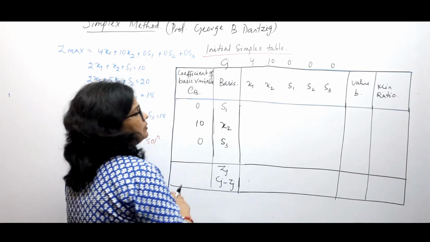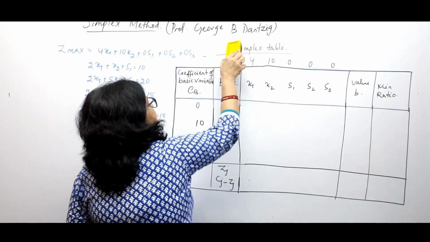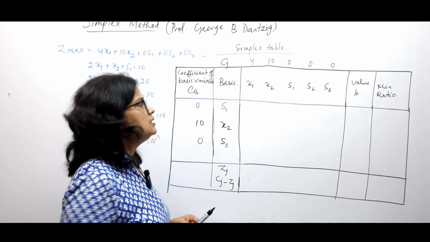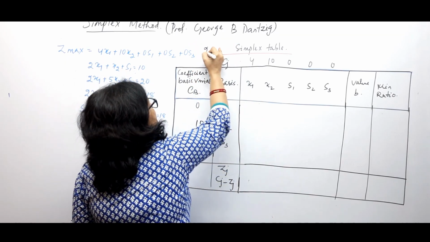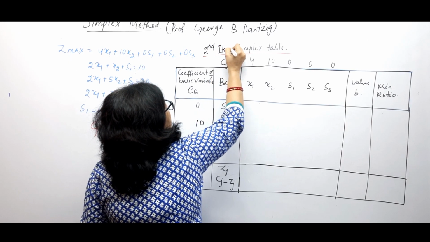This is our second simplex table, the second iteration, we can say.